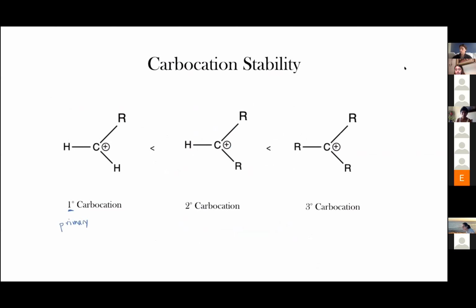And then the two degree is secondary. And finally, tertiary. Okay, so a primary carbocation is one in which there is only one alkyl group around the carbon with the positive charge.